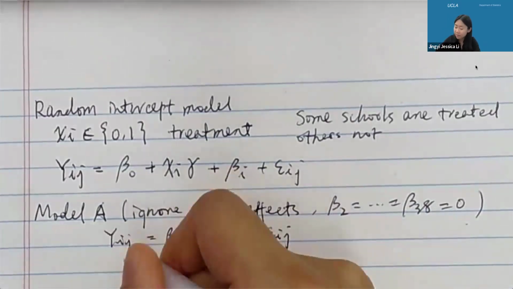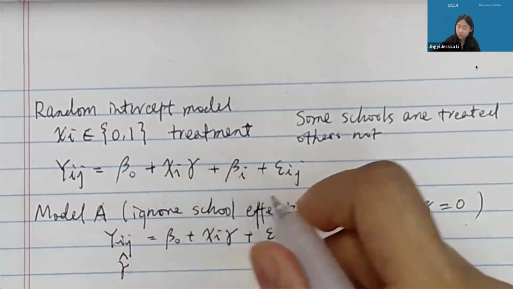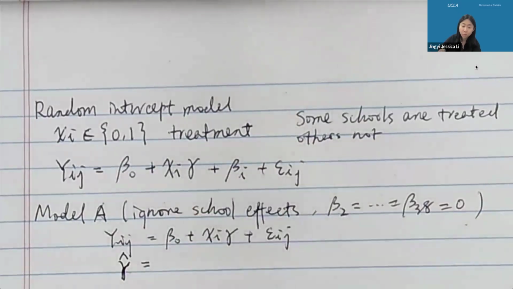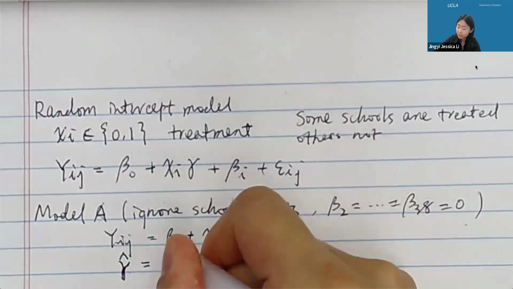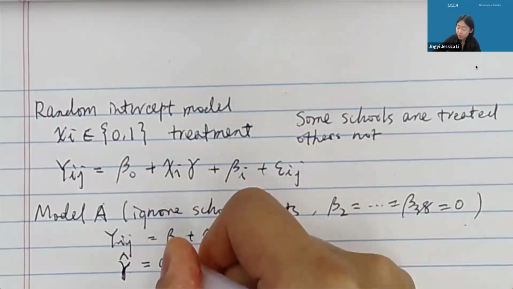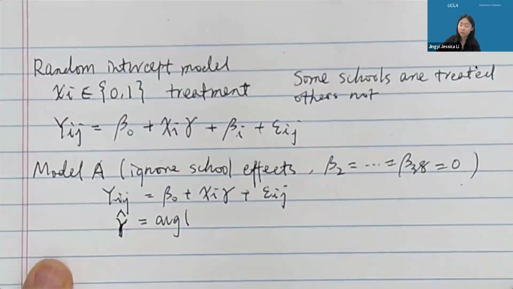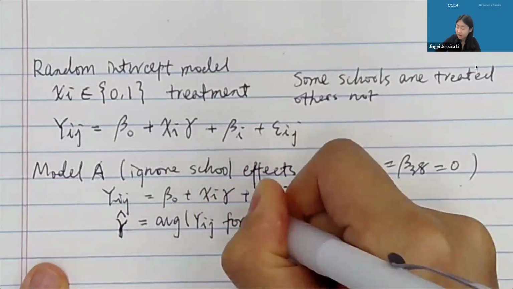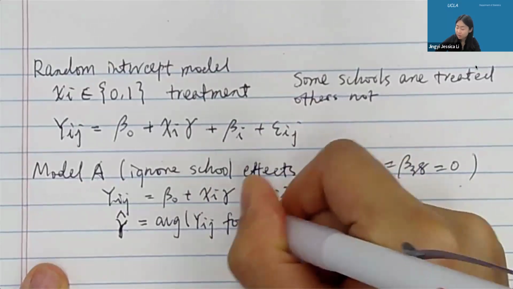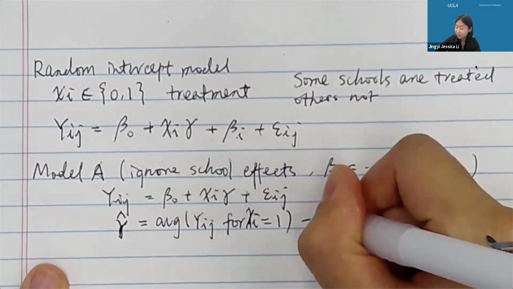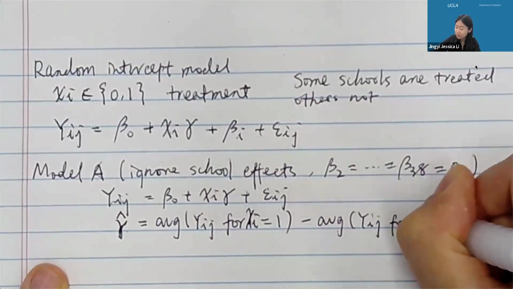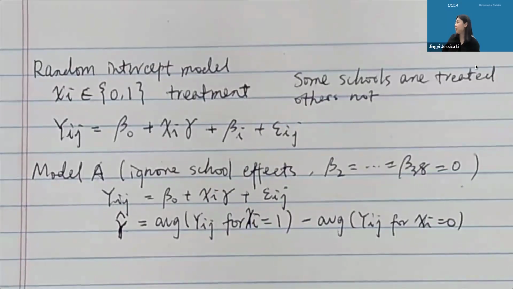So this gamma hat is just equal to the average of yij for xi being 1, minus the average of yij for xi being 0. I just pool those students, compute the average, and the difference of the 2 averages is my gamma hat.